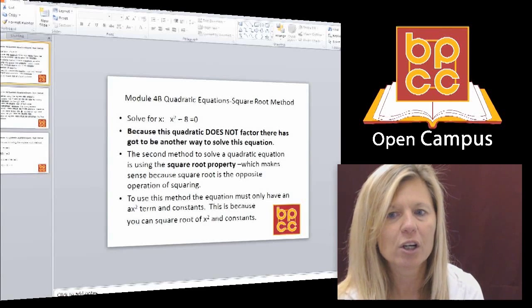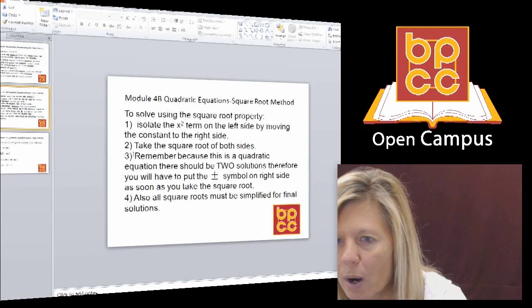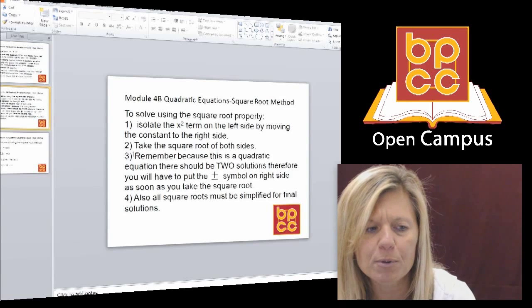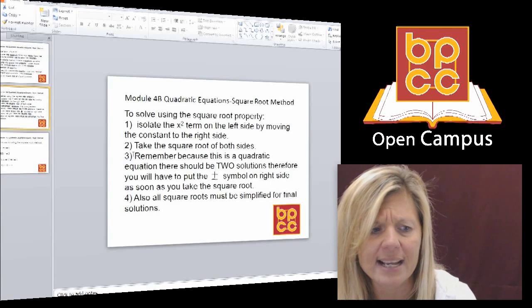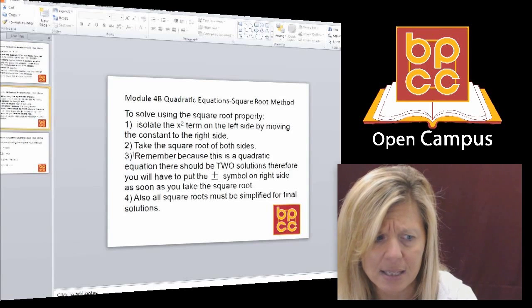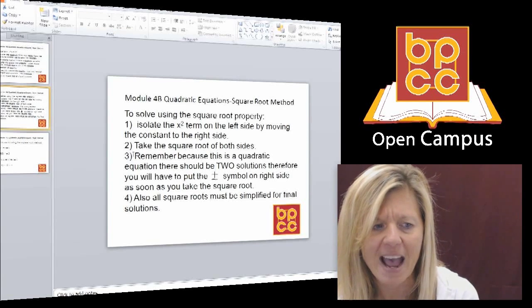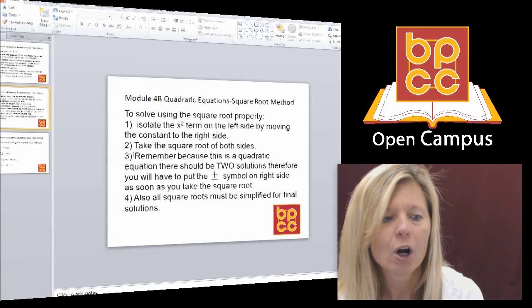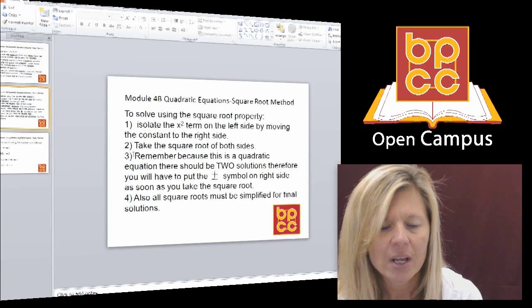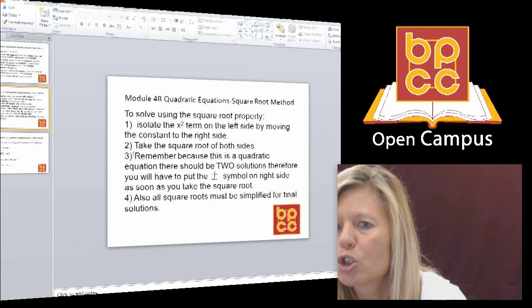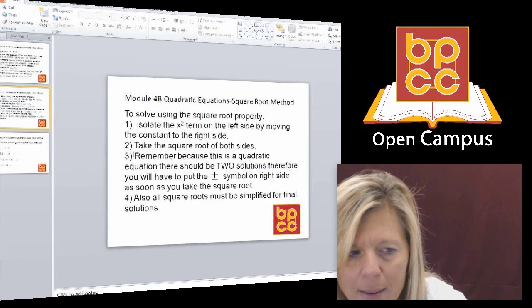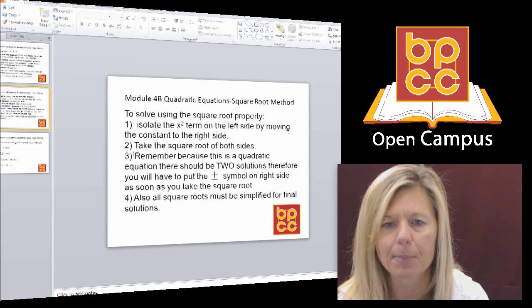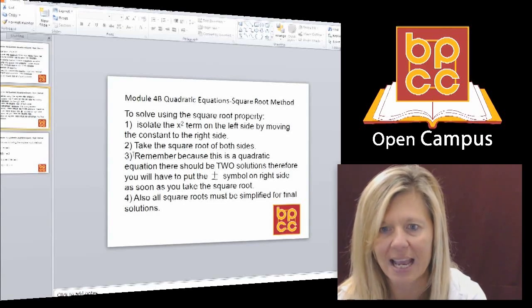Now, solving with the square root method is a different procedure. It's just like being a surgeon. It's a different procedure you follow if you were going to take out somebody's tonsils versus their appendix. So last week we were learning how to factor. That procedure said set the equation equal to 0, factor, write 2 linear equations, solve them. Today we're going to do the square root method, a totally different procedure. So you have to memorize this procedure also. To solve using the square root property, the first step is to isolate the x squared.